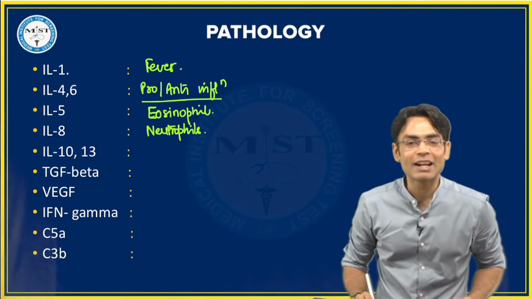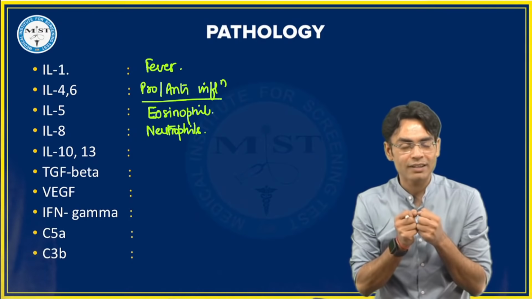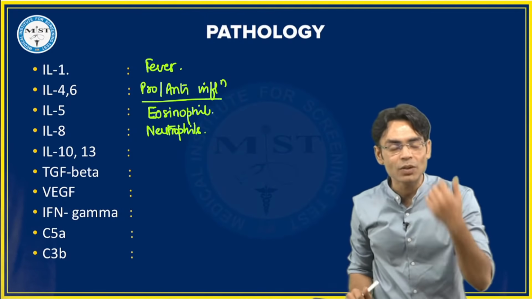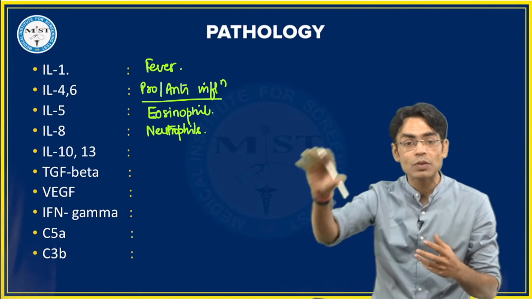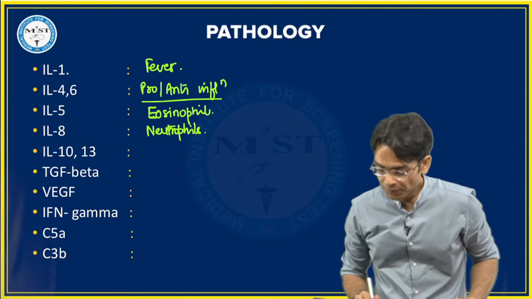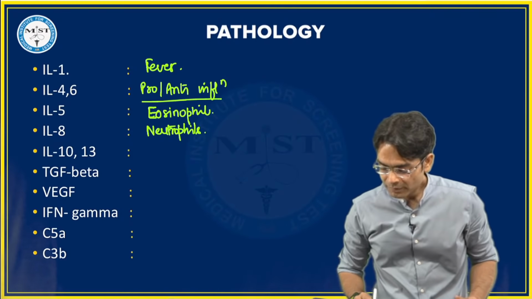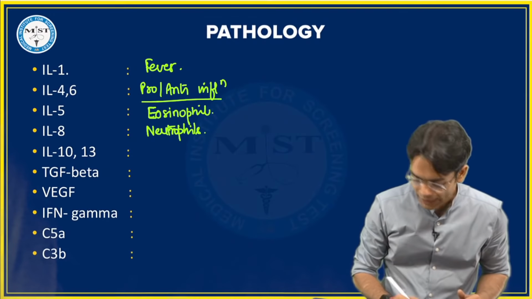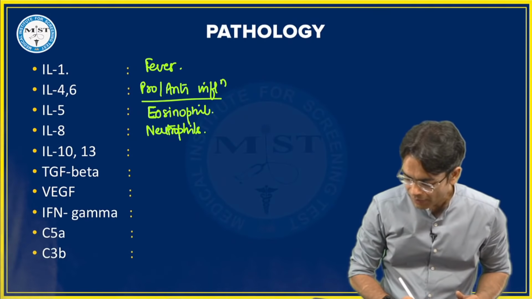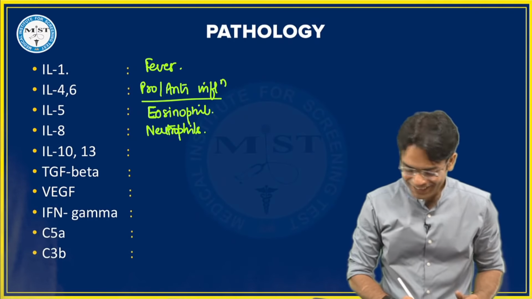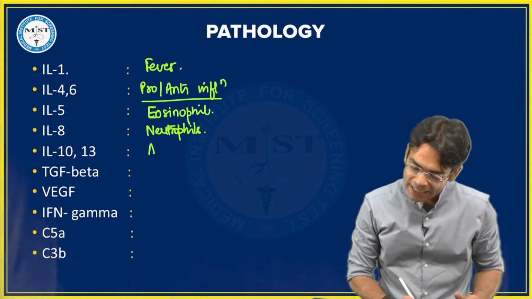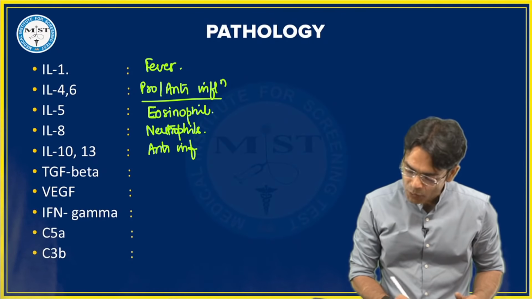Neutrophil, you are right. Whenever you need neutrophil influx, the body secretes interleukin 8, and wherever interleukin 8 is, neutrophils will reach there. Interleukin 10 and 13, absolutely, Kevin, would be for anti-inflammatory, for repair.